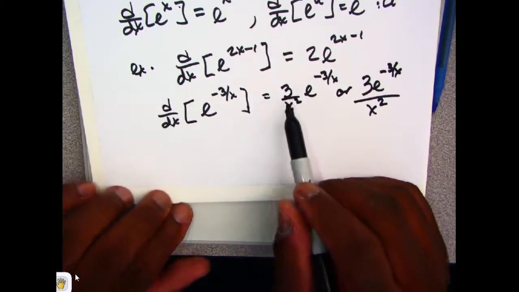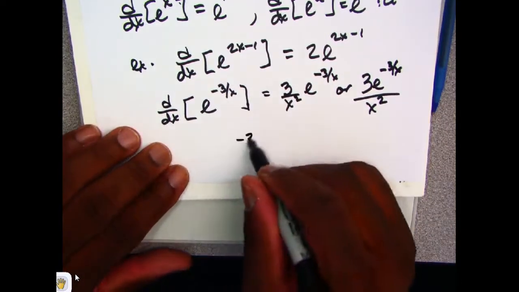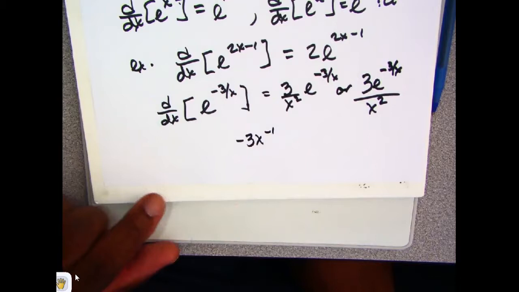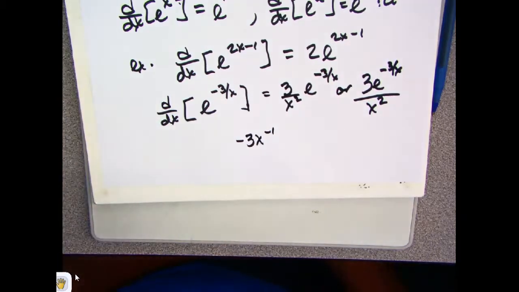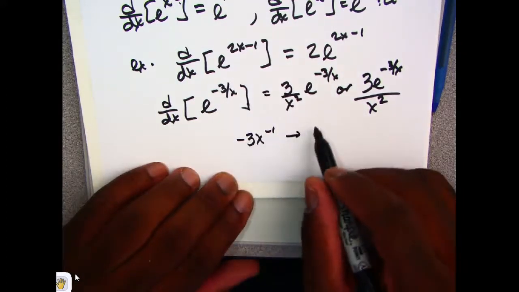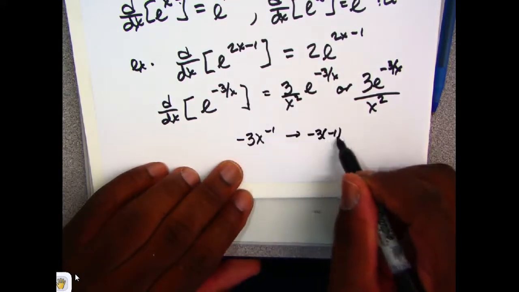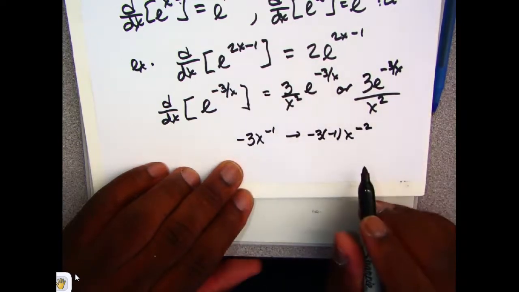So how did you get the 3 over x squared? Quotient rule? Can we rewrite negative 3 over x as negative 3x to the negative first power? Then the derivative will be negative 3 times negative 1, x to the negative 2.